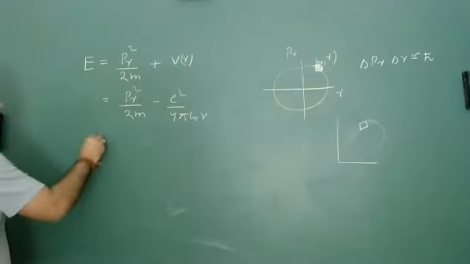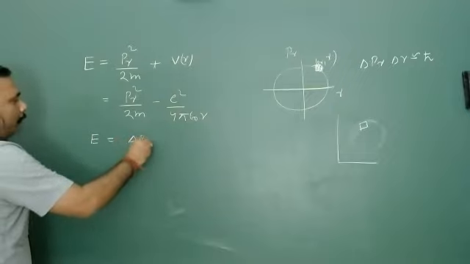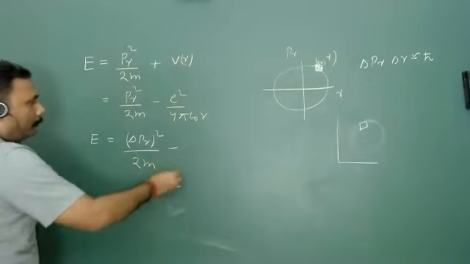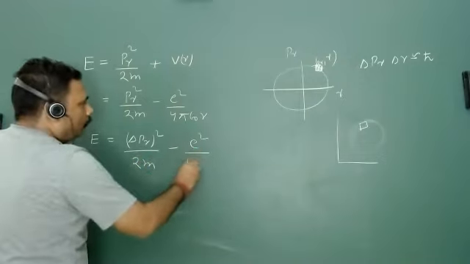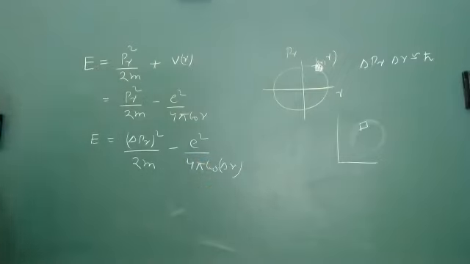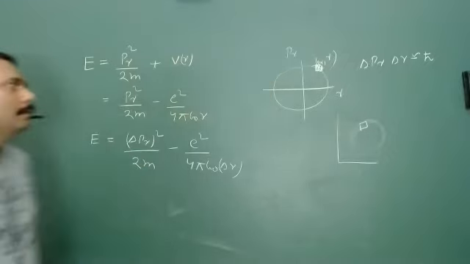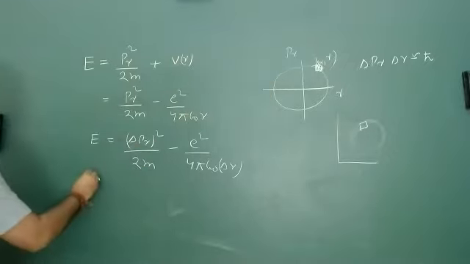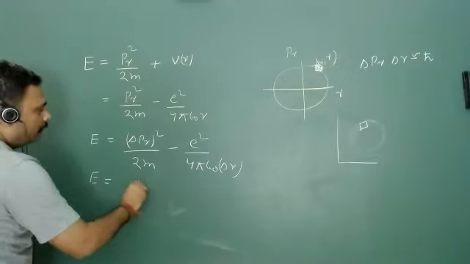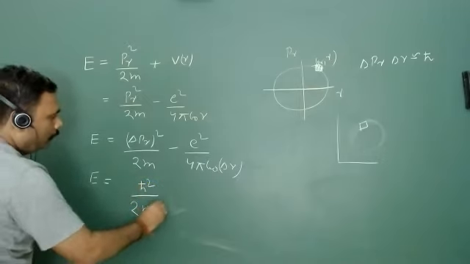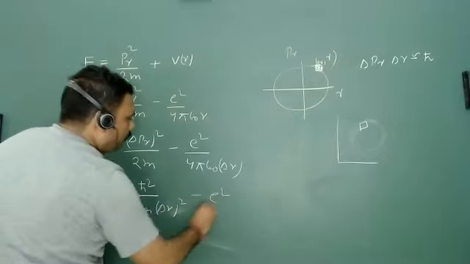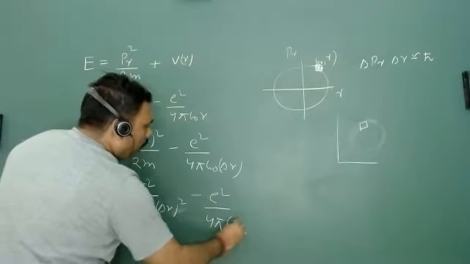We can write E as delta PR whole square upon 2m minus E square upon 4 pi epsilon naught delta R. And from the uncertainty principle, we can put delta PR, so E is equal to h cut square upon 2m delta R square minus E square upon 4 pi epsilon naught delta R.